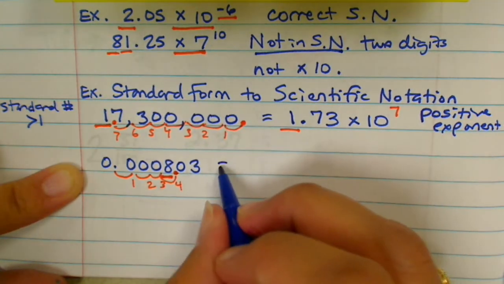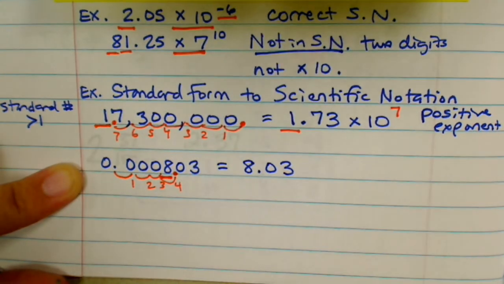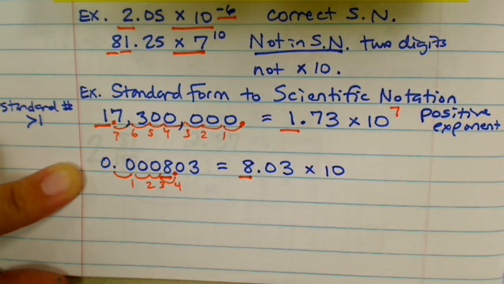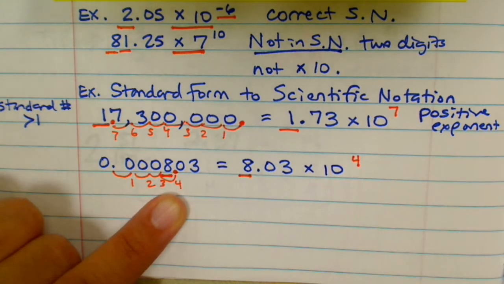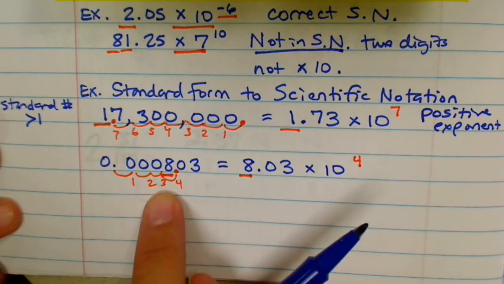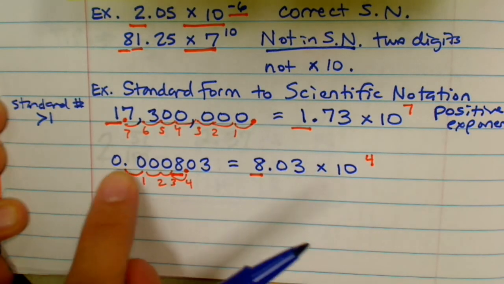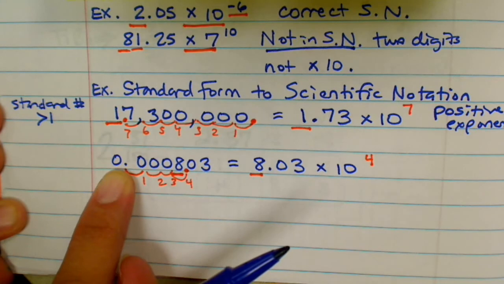So this number in scientific notation is going to be 8.03, there's our one digit to the left of the decimal, times 10, and then how many times did we move the decimal? In this case, we moved it 4 times. Now we need to go back and look at the number in standard form. Is this number bigger than 1? Well, if I look at it like money, is this number bigger than $1?